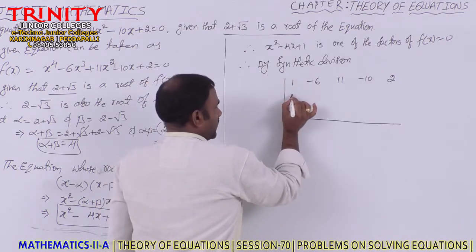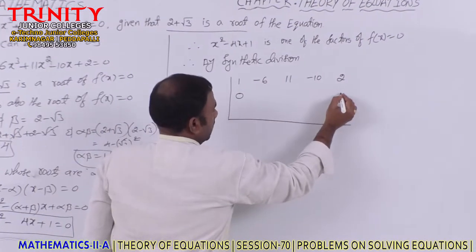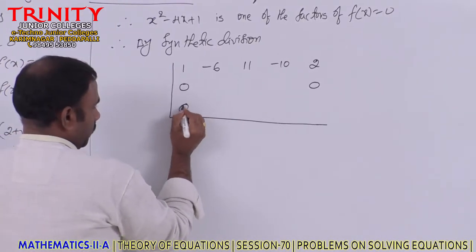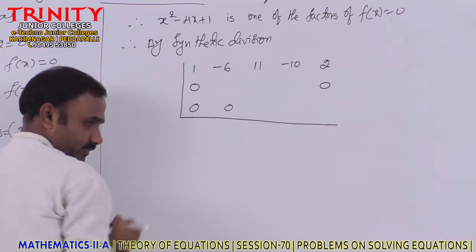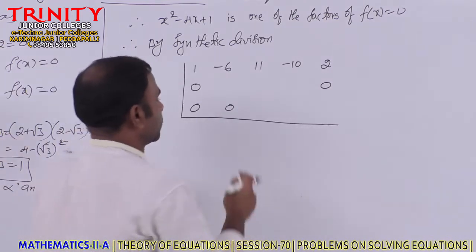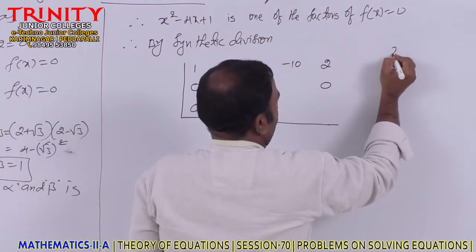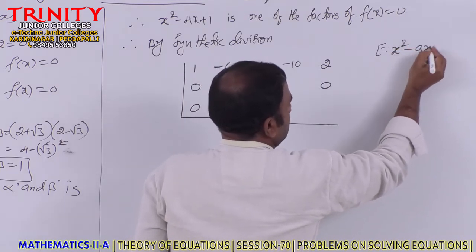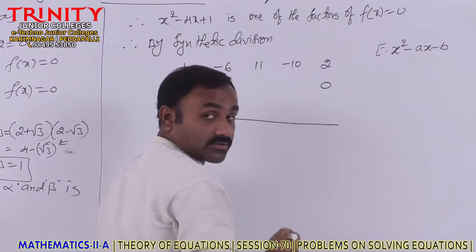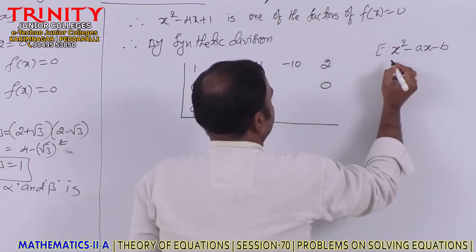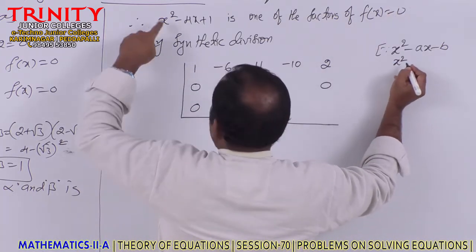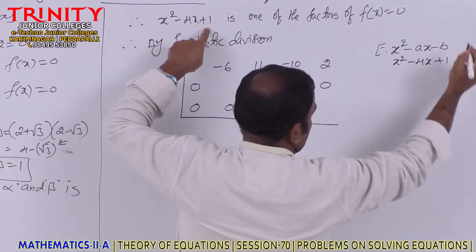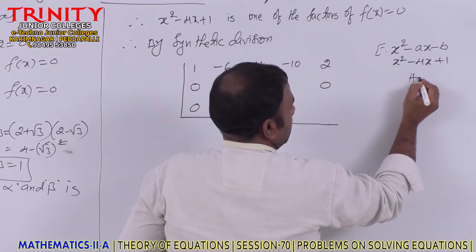Now in the second row, the first and the last elements must be 0. In the third row, the first two elements are zeros. The quadratic should be in the form of x square minus ax minus b. Here it is x square minus 4x plus 1.